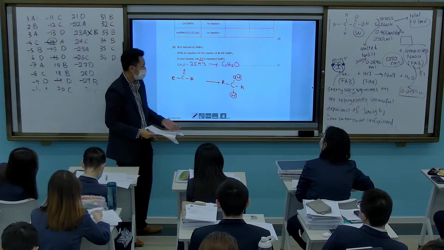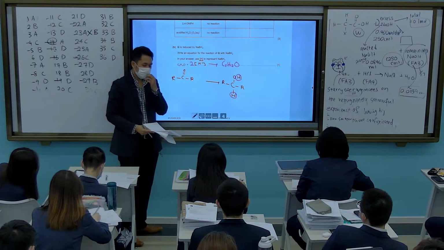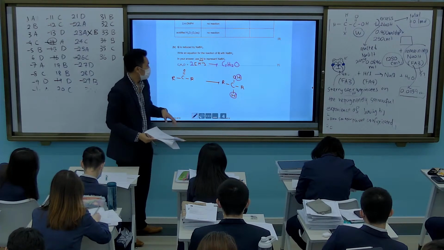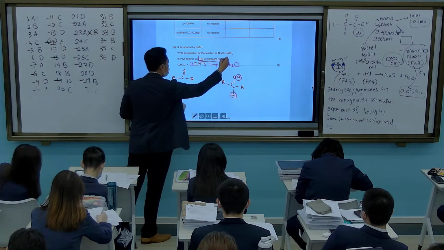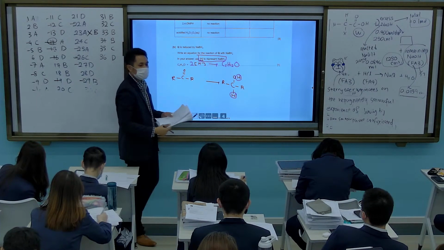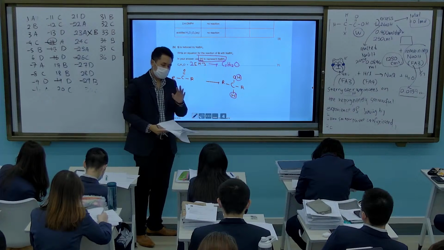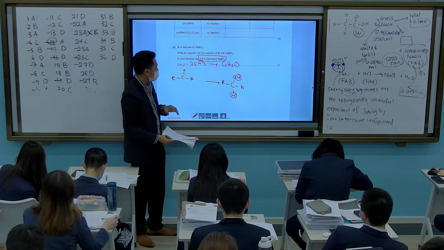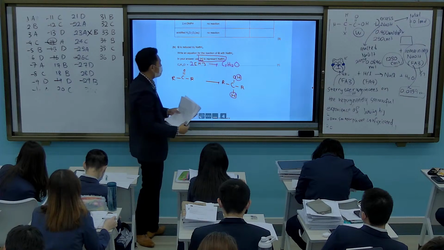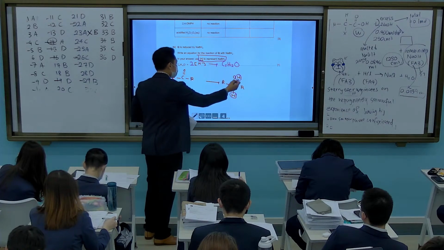The H is present in BH4, correct? But they say here [H] is to represent NaBH4, so no need to think like that, just think as a whole. Just say from here to here it gained 2H.